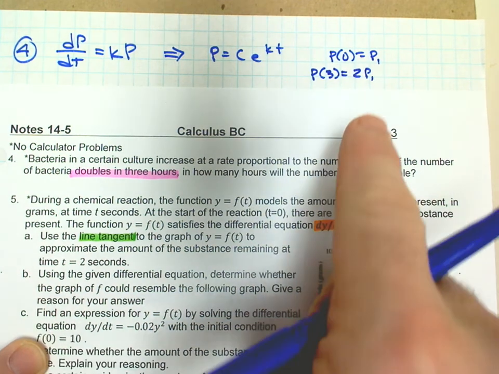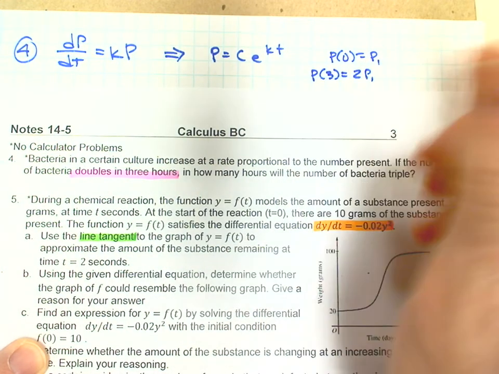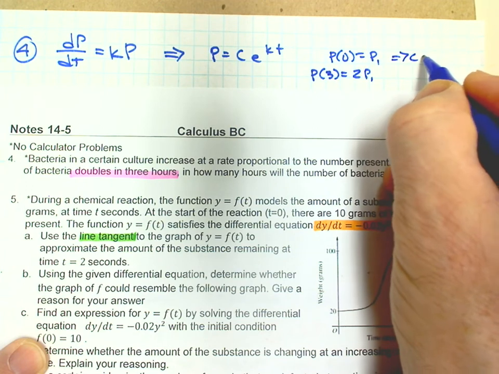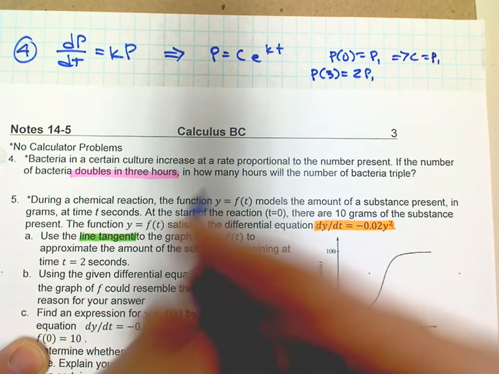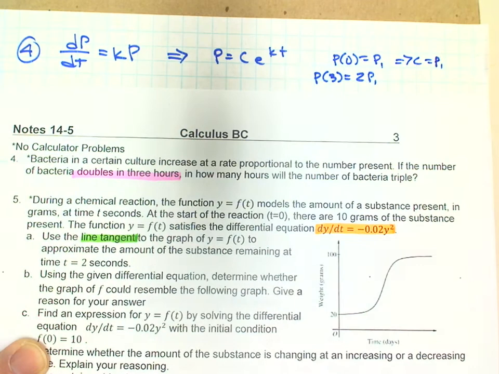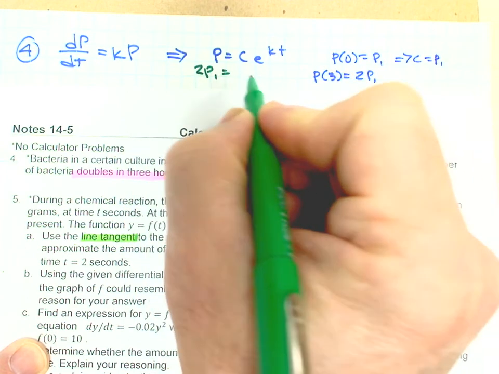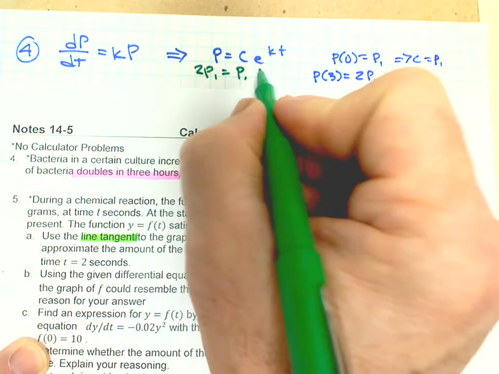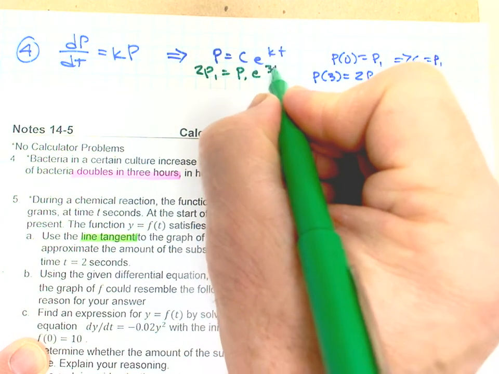So I can go ahead and substitute in here. Of course, if this is the original amount, that means that C equals whatever that initial population would be. And I can substitute all this in, and this will be when we are doubling our population, that initial population will be 2 P1, and we know that occurred when t was 3.